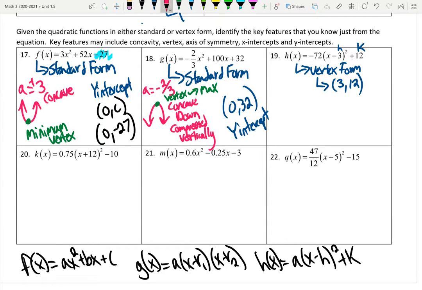I also know from my a being negative 72 that it is going to be concave down, and that this vertex is going to be a maximum. Wow, something a little different. This a value, though, being a big number, it is also going to be stretched vertically.